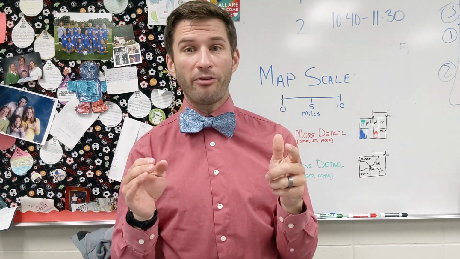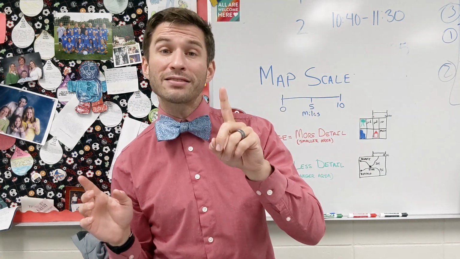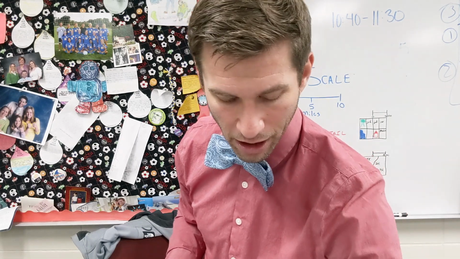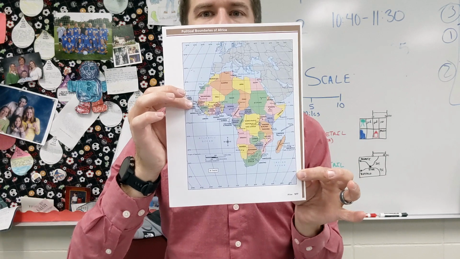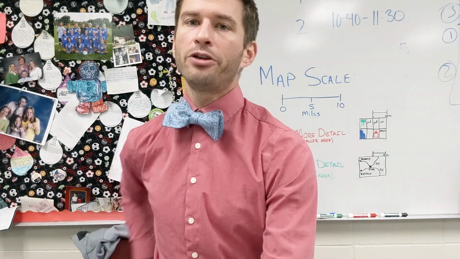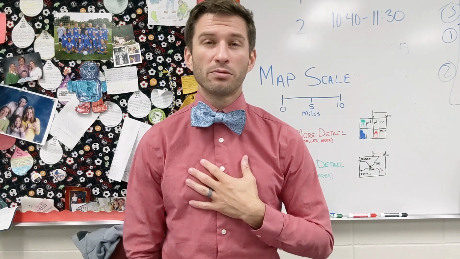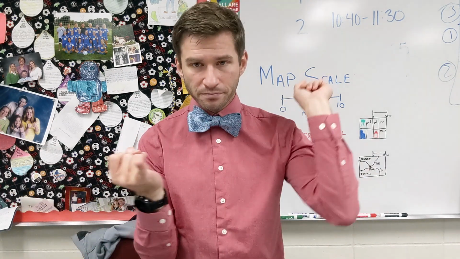Is the country of Cape Verde, which is an island country in Africa, east or west of 20 degrees west? So there is a political boundaries map of Africa linked for you. It looks a little bit like this, but using that political boundaries map of Africa, you are going to answer that question. And when you answer that question, that's how you will know that you are done with the day for today.